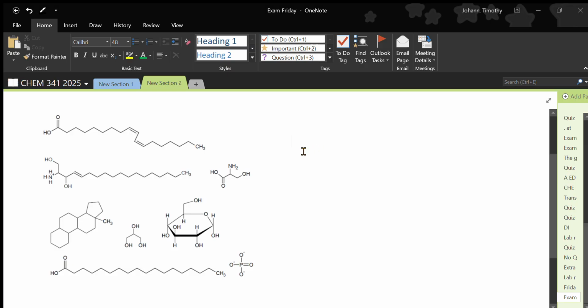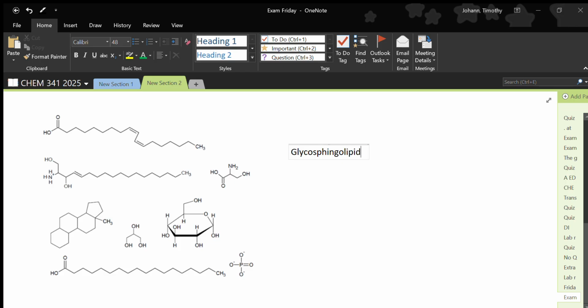Which monosaccharide? Oh, you'll want to have that glucose, yes. Okay, so that's glucose. So let's say you're asked to draw a glyco. Okay, so that's the polar group, a glycosphingolipid.